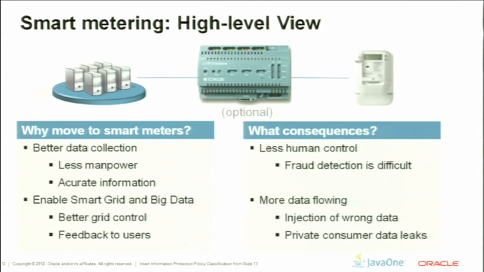Another thing is that, because there's a lot of data flowing in and out of the meters, there is a possibility of injecting wrong data or looking at private consumer data. If you look at one private consumer's data, you can easily get some information, possibly that this person has not been around for 2 days.